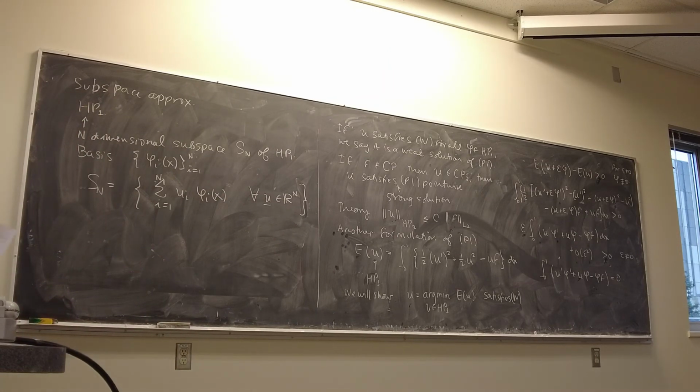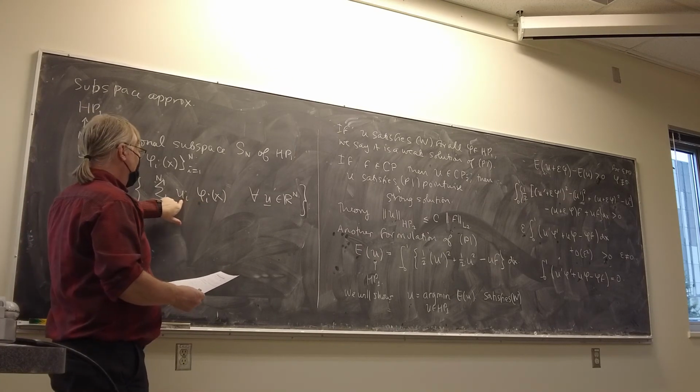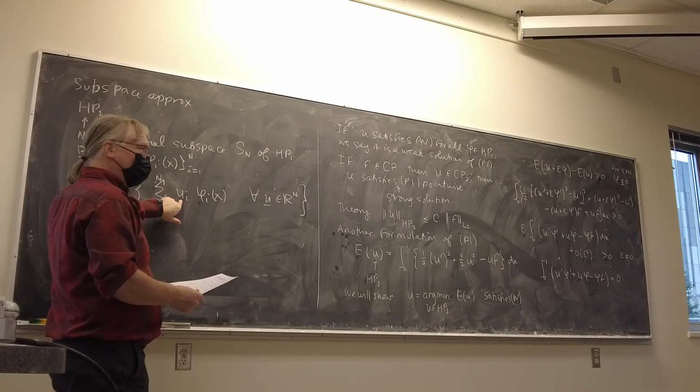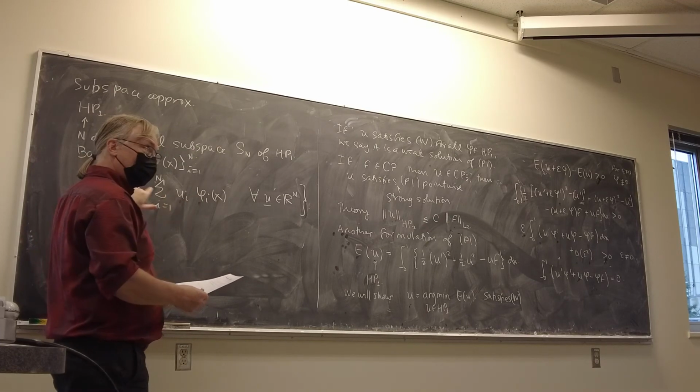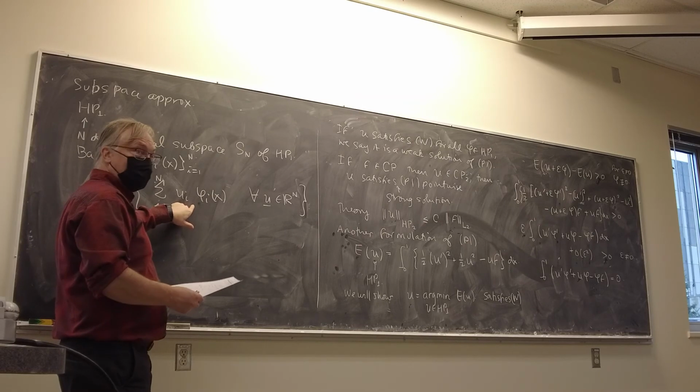In many of the basis functions that we pick, in fact, the u_i will be values of the resulting function at certain points, but that doesn't have to be true.